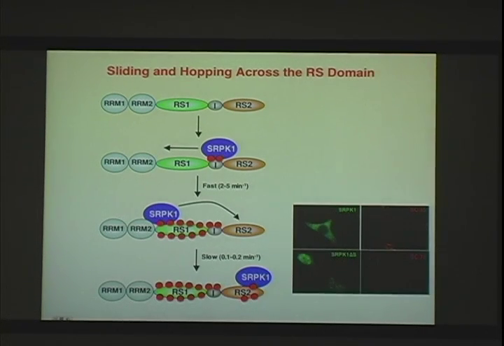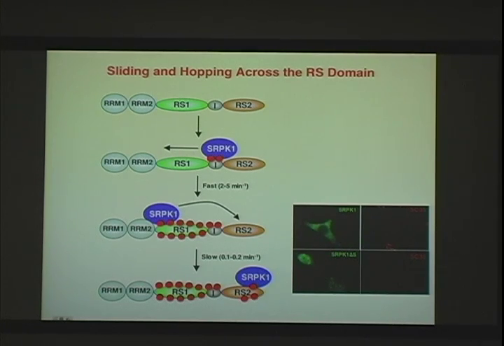And this is speculative, but one thing we do know is that SRPK, as I said, is a cytoplasmic enzyme. It can go into the nucleus, but it's mostly in the cytoplasm. It will go into the nucleus during different stages of the cell cycle. Also, if you take that insert out that we were just talking about this morning, it will go directly into the nucleus.